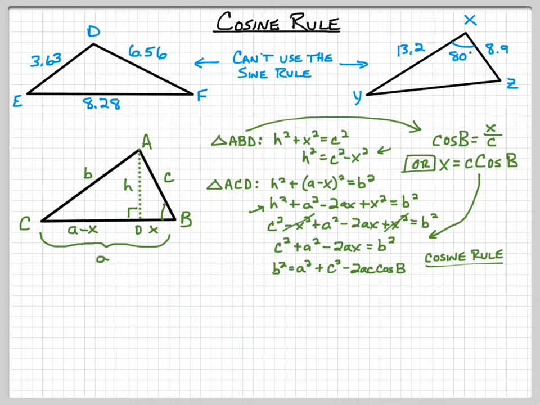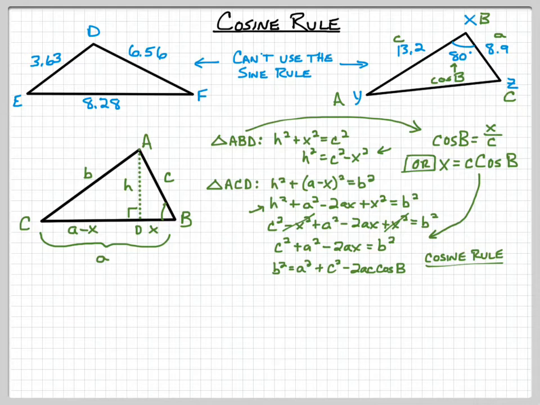So if we look at the triangle up above on the right and relabel it ABC, with these opposite sides, 13.2 is going to be c, 8.9 is going to be a, and now 80, we can do cosine B, and we have enough information to solve this. That's if we had the altitude, or the height, coming from angle A.